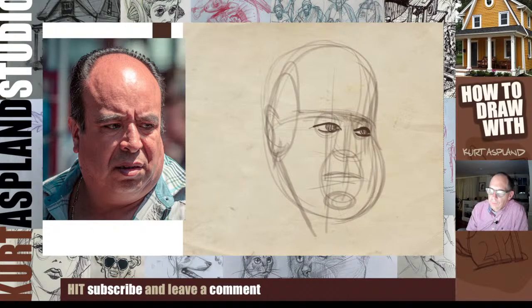So if you were going to practice this on your own, what I might suggest again is just kind of go through those processes. All right, let's keep going here. I'm looking at the negative space between the eyebrow.